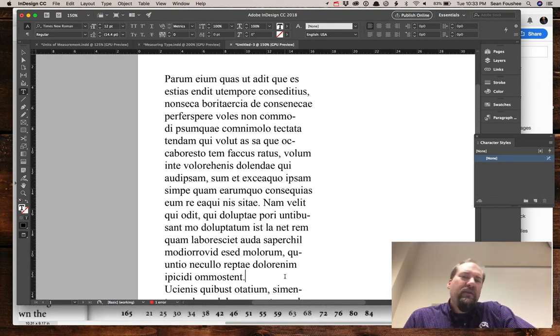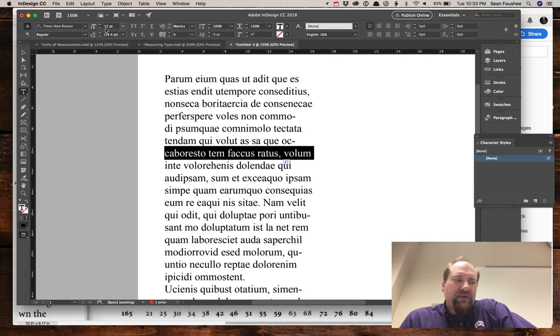Well, what you can do is take the font size. In this case, my font size is 12 points. And what you can do is multiply that by 20 to 40 times. So in this case, I have a 12-point font. If I multiply that by 20, what I would end up with is 240.